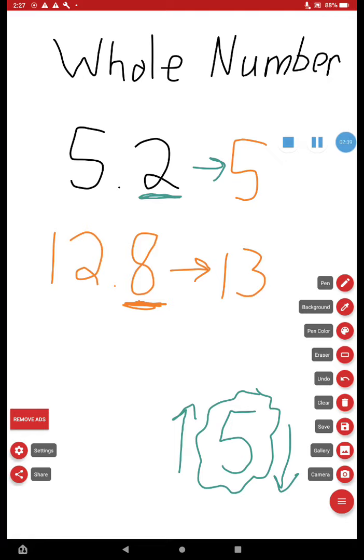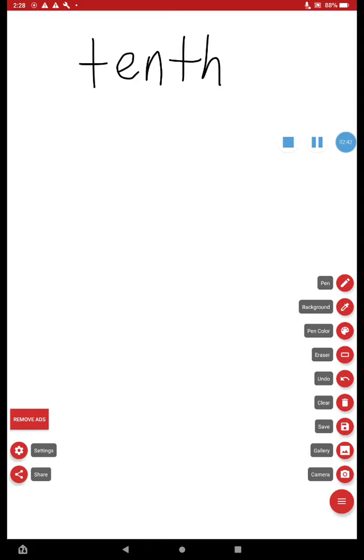All right, now let's try rounding to the nearest tenth. When I round to the nearest tenth, that's now going to put me one place to the right of the decimal. So if I have a number that says 25 and 25 hundredths, and I'm telling you to round to the tenth, this number is the tenth.